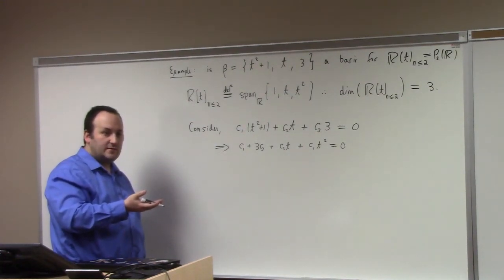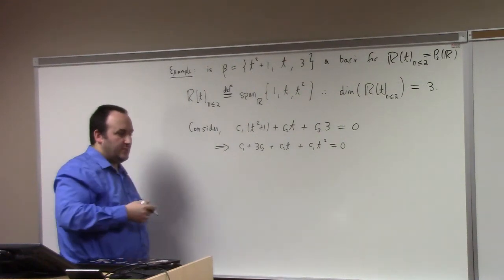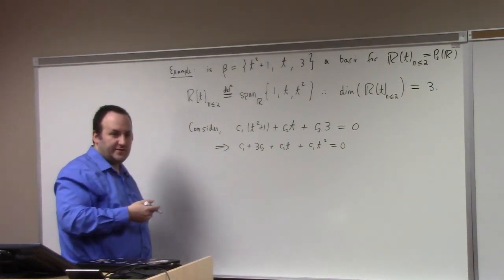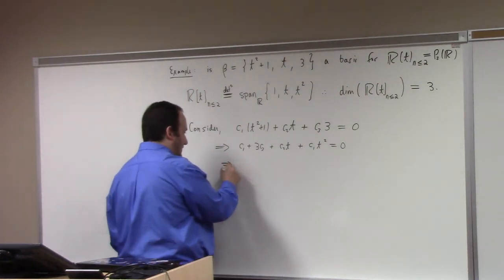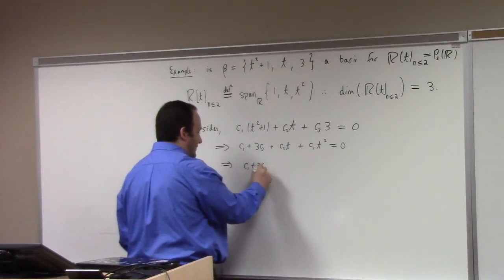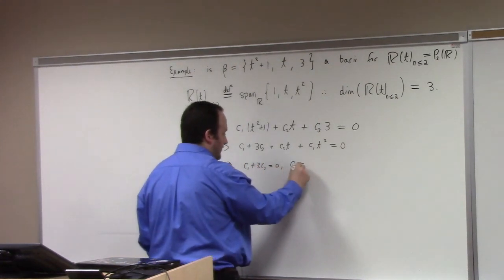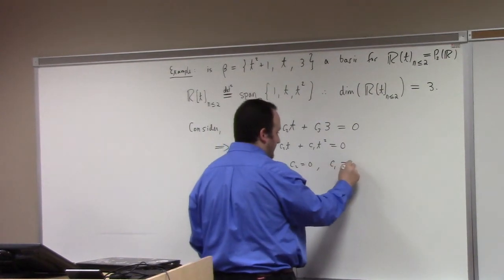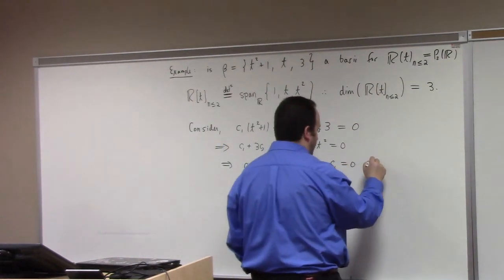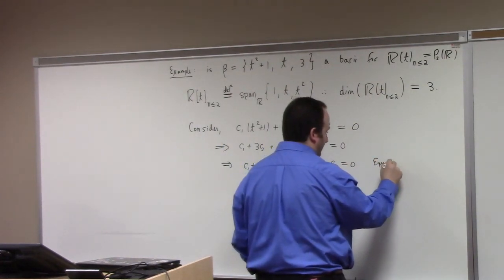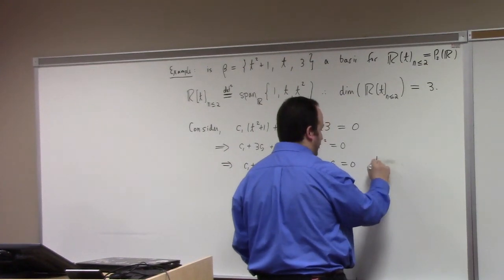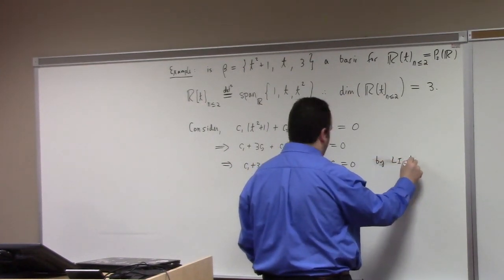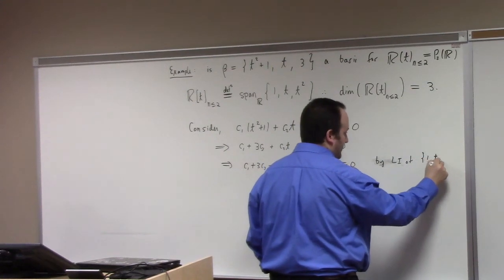The coefficients of 1, t, and t squared must separately vanish. So this implies that C1 plus 3C3 equals 0, C2 equals 0, and C1 equals 0, equating coefficients by linear independence of 1, t, and t squared.